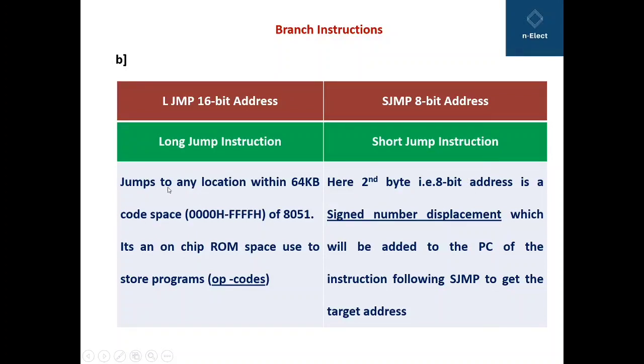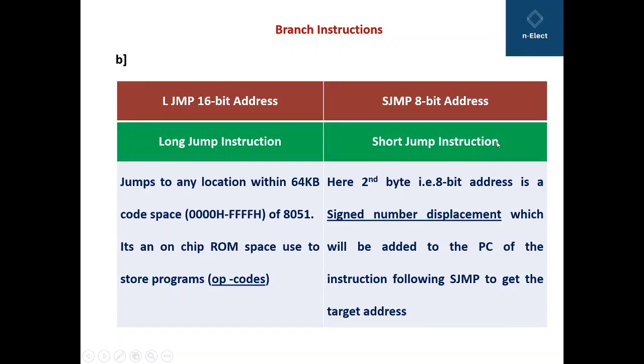Control jumps to any location within the 64 kilobytes code space, because of the 16-bit address, with a range from 0000H to FFFFH of the 8051. It is an on-chip ROM space used to store programs or opcodes.